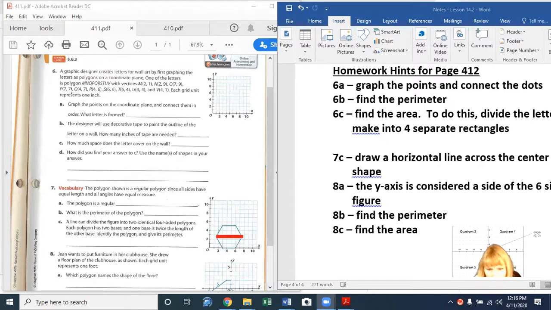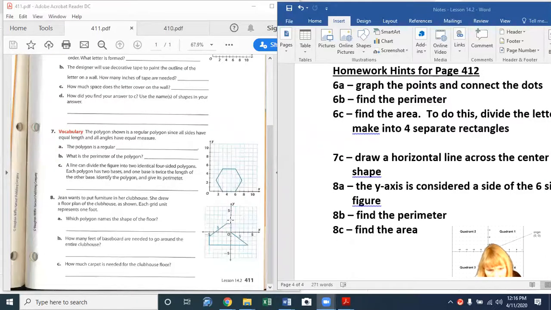And number 8A, the y-axis is considered, let me just go to that now. 8A, the y-axis right here, let me draw that. This here is one of the sides of that shape, okay? The polygon names the shape of the floor. So the y-axis is considered a side, and this is a 6-sided figure.